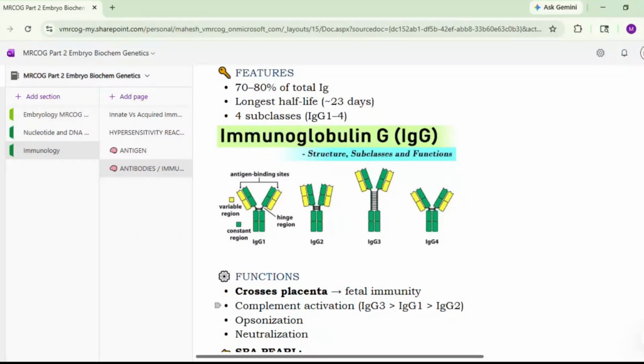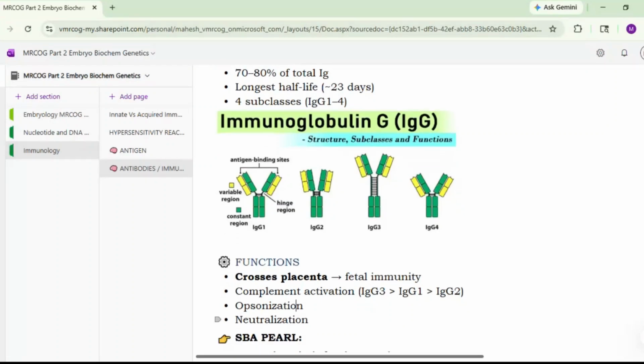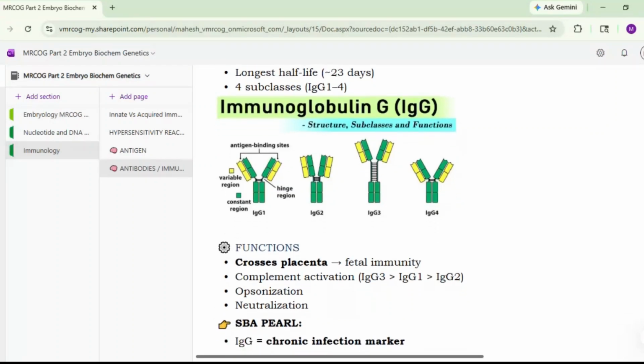For complement activation, the highest response is with IgG3, followed by IgG1, followed by IgG2. It is also responsible for opsonization and neutralization. From the SBA point of view, remember IgG is a marker for chronic infection.